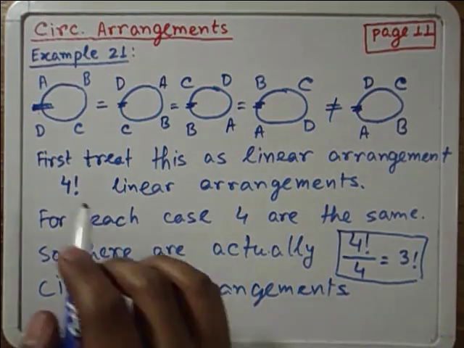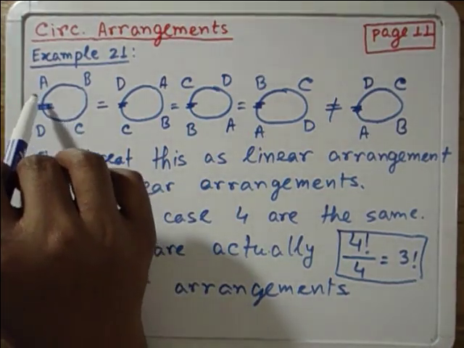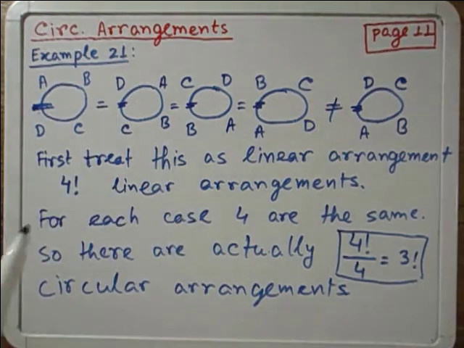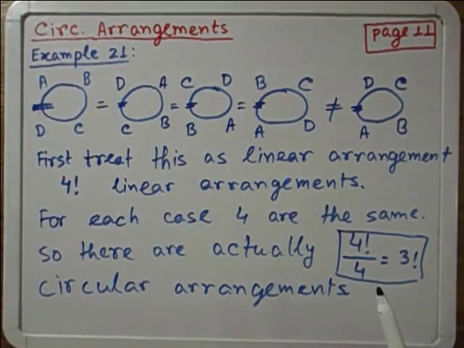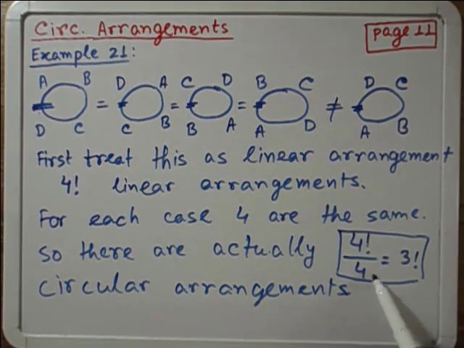So if you have 4 guests and you are trying to find out how many circular arrangements you can create with 4 guests, the answer is 4 factorial over 4, which is 3 factorial. So there are 3 factorial circular arrangements you can create.